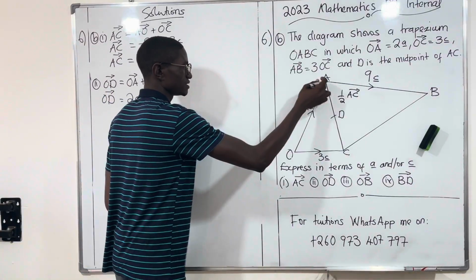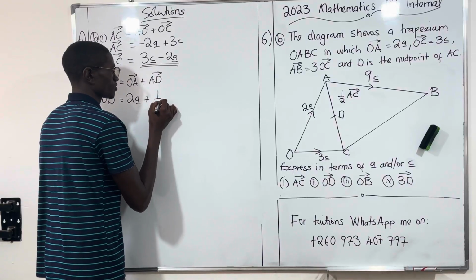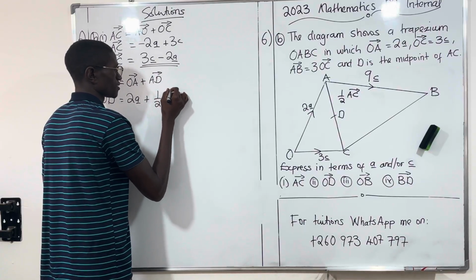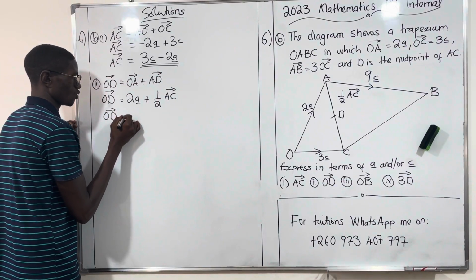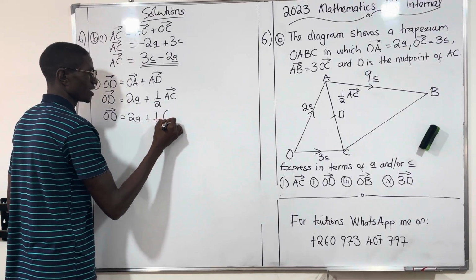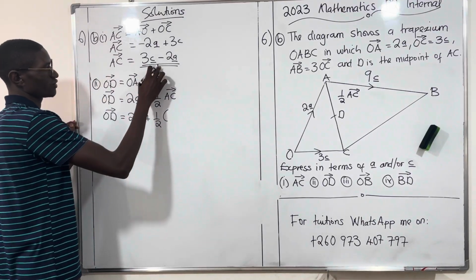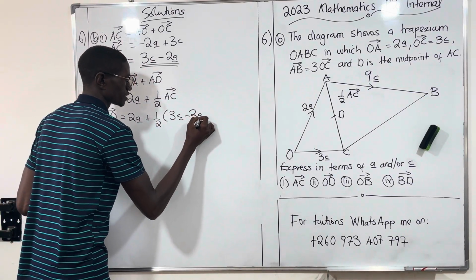We said AD is half of AC, so it's going to be 1 over 2 of that. And then OD is going to be 2A plus 1 over 2. What is AC? AC is the one we found up here. So it's 3 vector C minus 2 vector A.